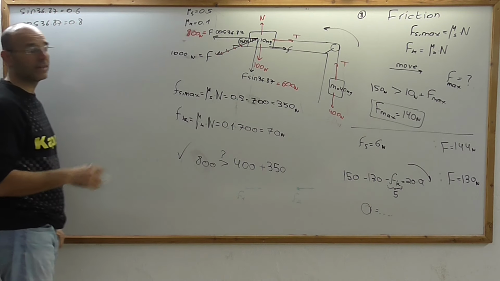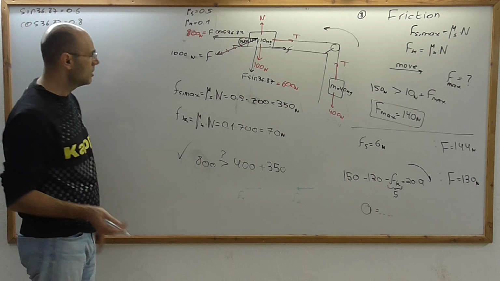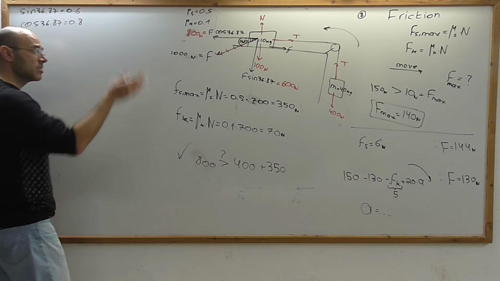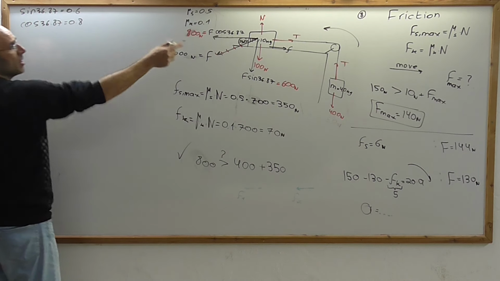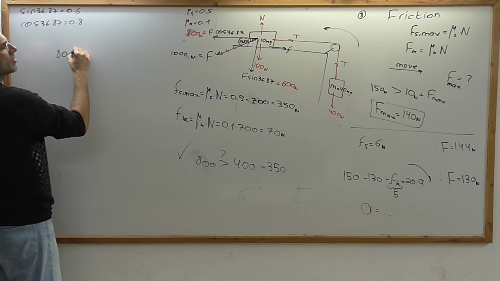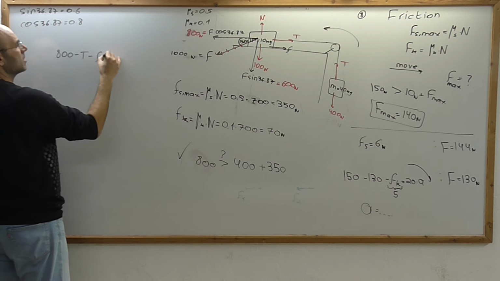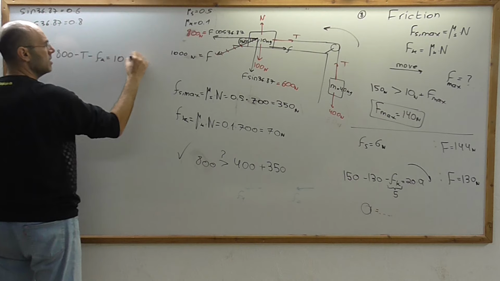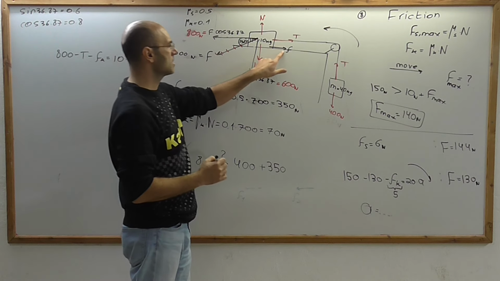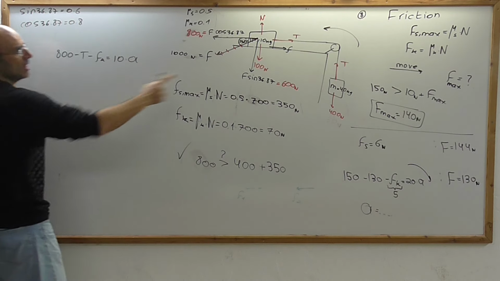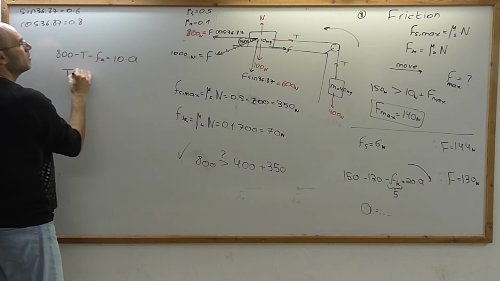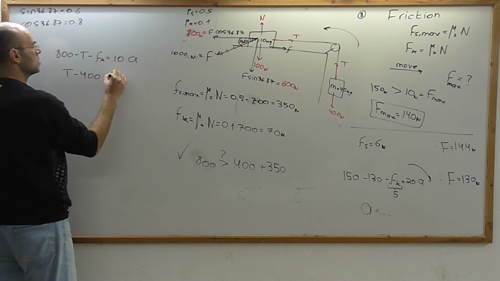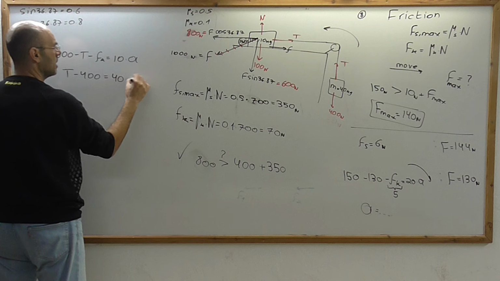So if I want to find the acceleration, and I do, let's do each mass separately. Here I write m800 minus T minus f kinetic equals ma. And this one, T minus 400 equals ma.